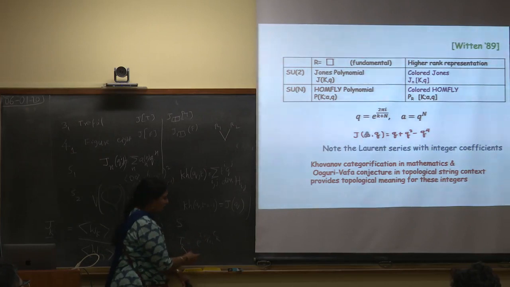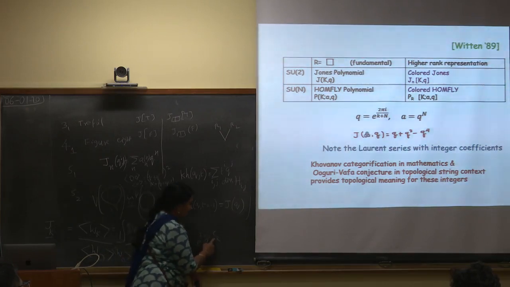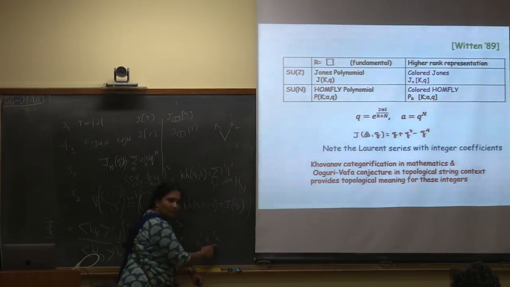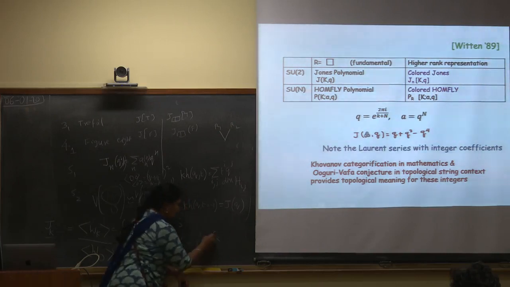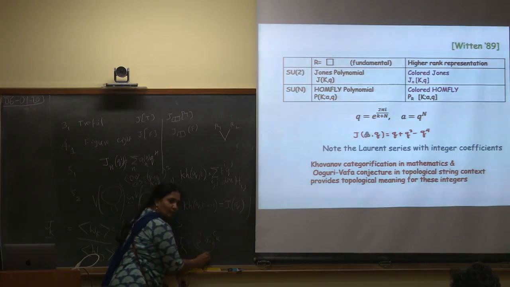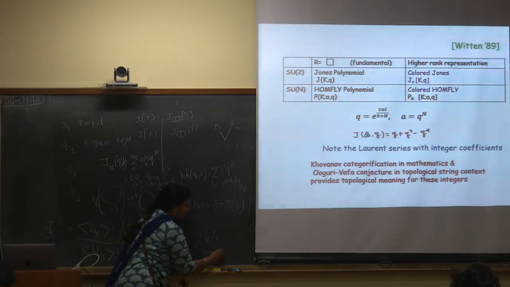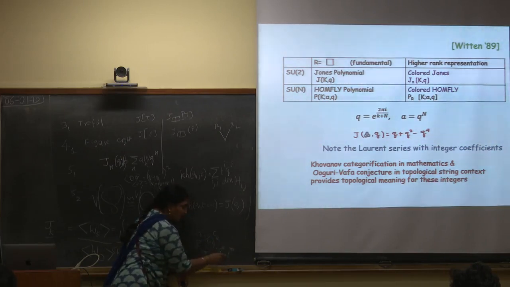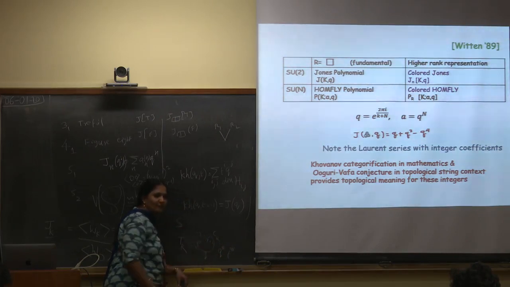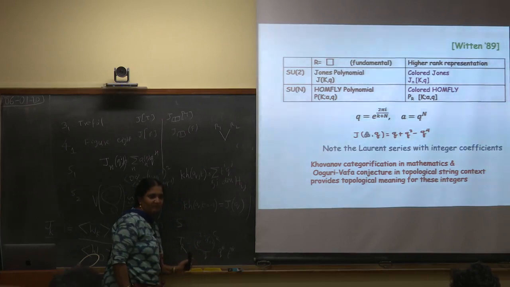What they did is they tried to replace this e to the 2 pi i by k plus 2 C_R piece, which is Q. So Q to the C_R, they tried to replace it as Q to the something and T to the something, and when T is equal to Q, they get back this answer. So this is what was done in the refined Chern-Simons.